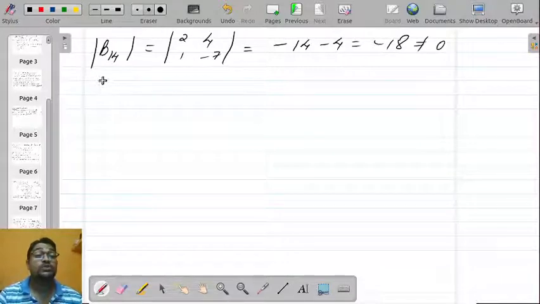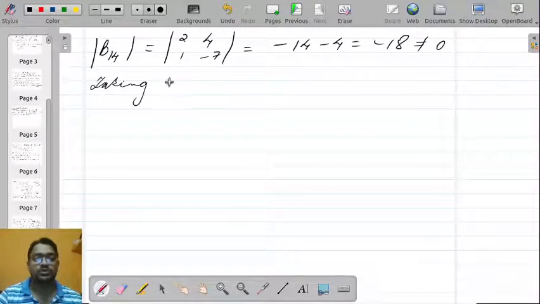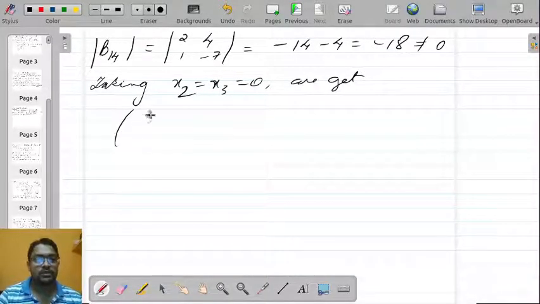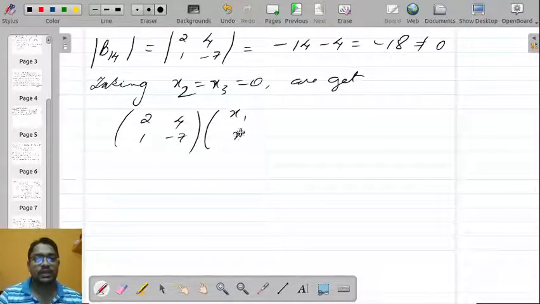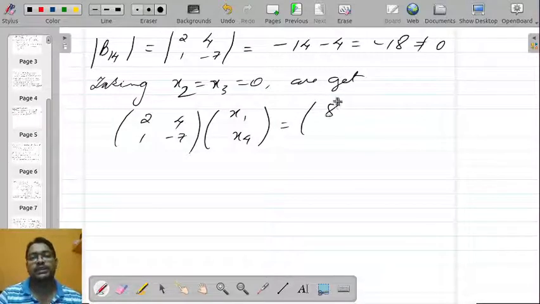So this B14 also corresponds to a basic solution. So taking x2 equal to x3 equal to 0, we get [2 1; 4 -7] multiplied with [x1; x4] equal to [8; -3].